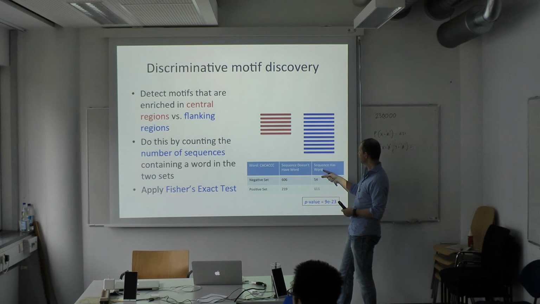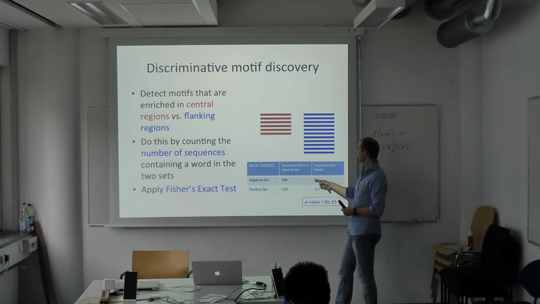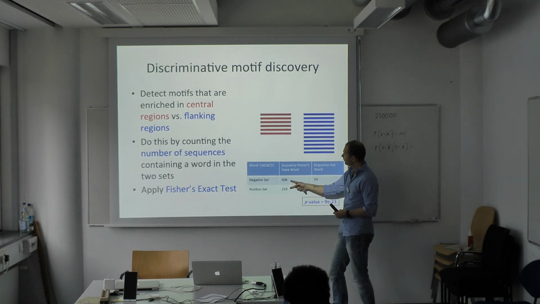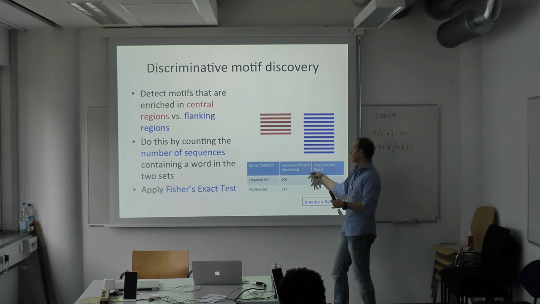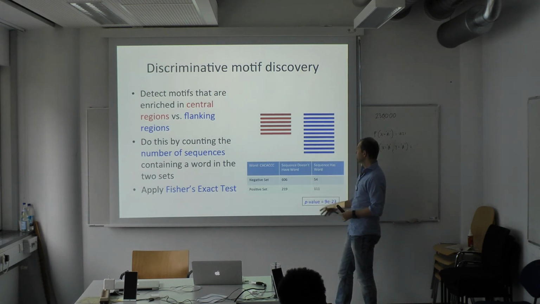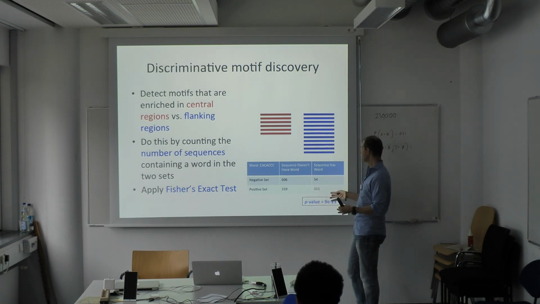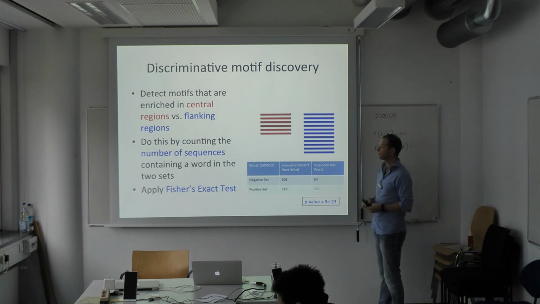And then we look at the numbers where the sequence does have the word, and some of the negatives do. And actually, this number here is larger than it was for the negative set. And if you compare that to the proportion that we saw of sequences that don't have the word, this surprises us. And there is a statistical test for assessing this called the Fisher exact test.